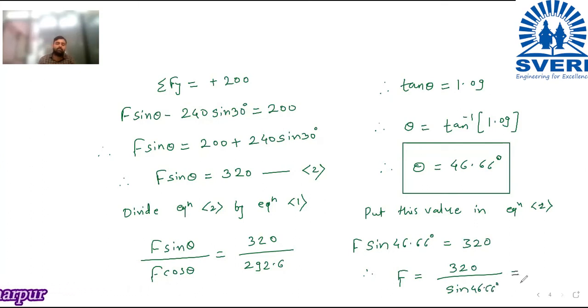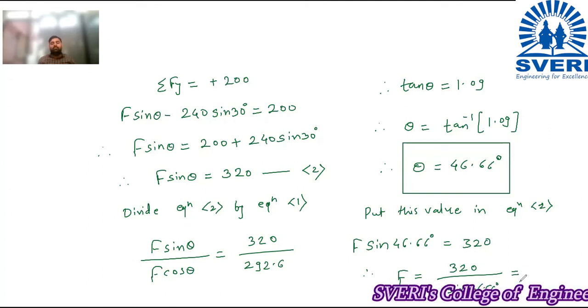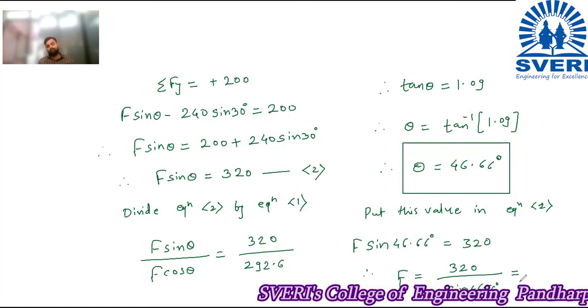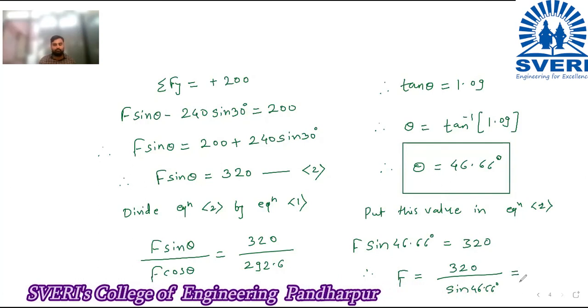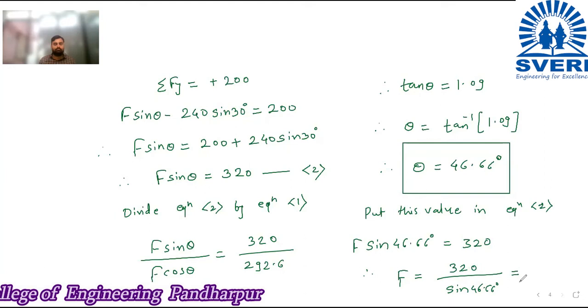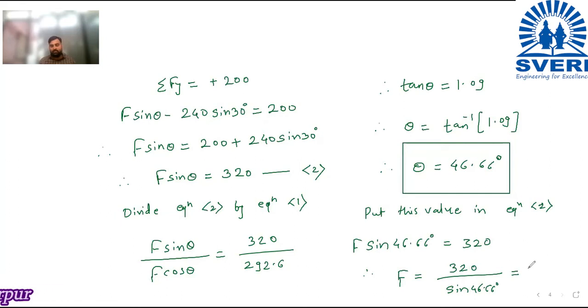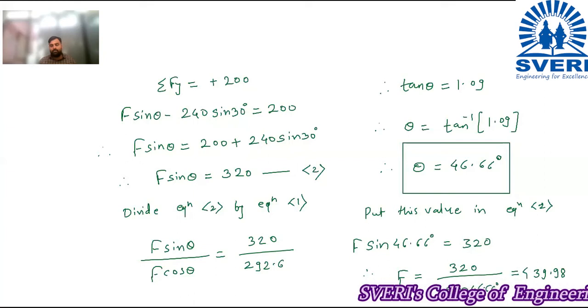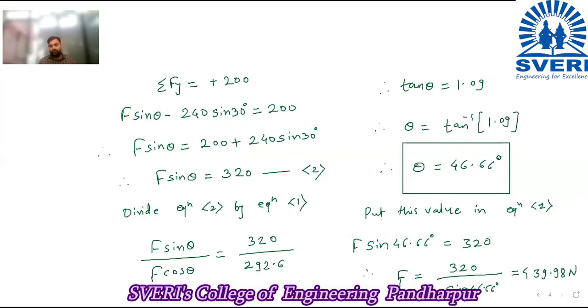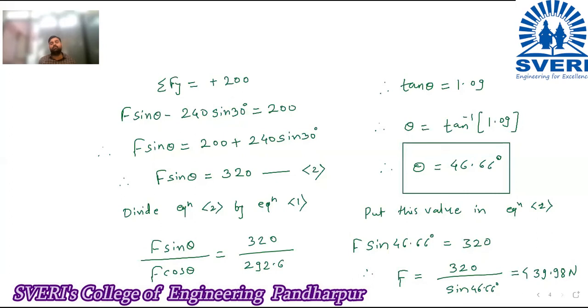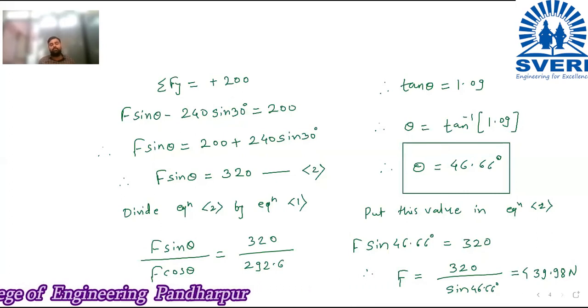So you will get the final answer. 439.98. What is the unit? It is Newton. Because resultant and other forces are given in Newton, so this must also be in Newton.